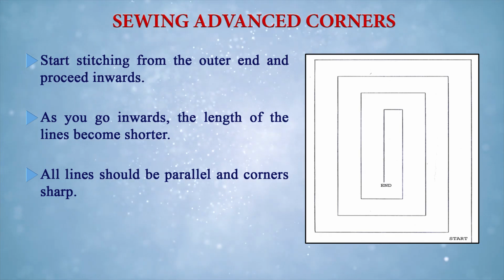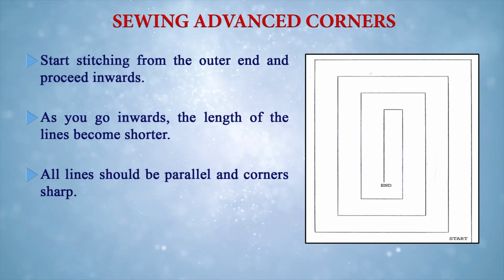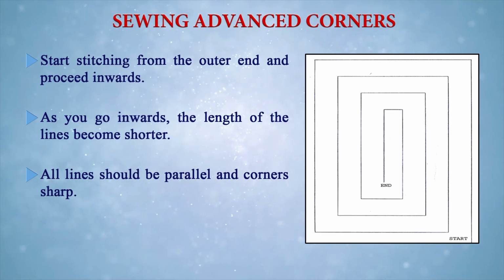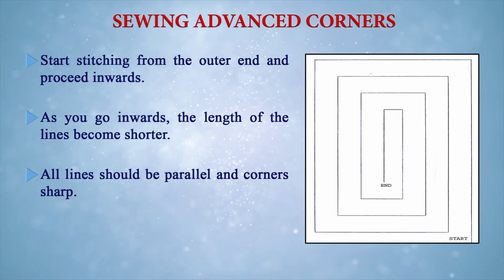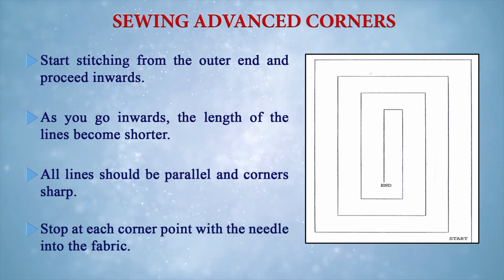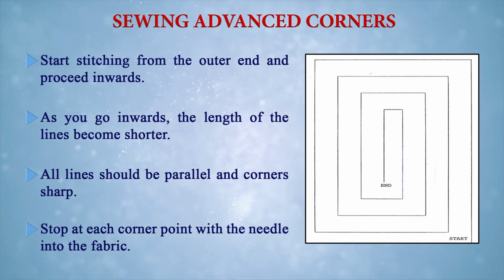When we start from the outer part and go inside the square, the corners should be very sharp and stitched very carefully. All lines should be parallel and corners should be sharp. Stop at each corner point with the needle in the fabric. As we discussed earlier, when stitching and we come to a corner point, the needle should be inserted into the fabric, or into the paper when we are working with paper.